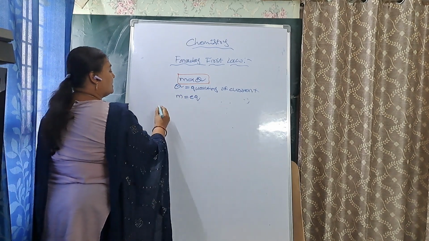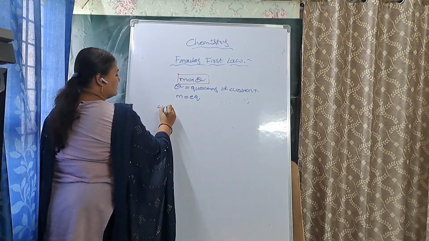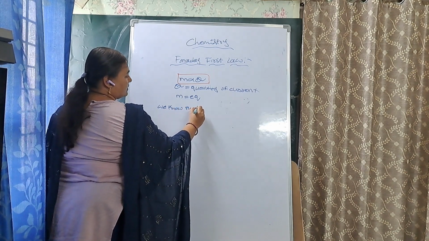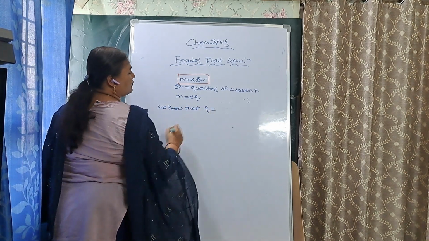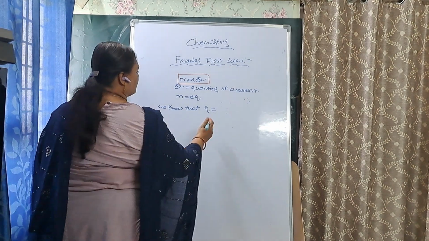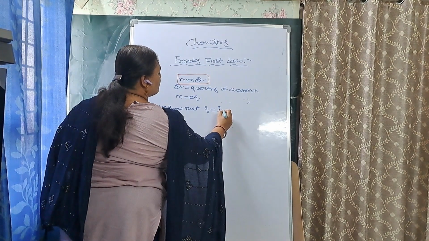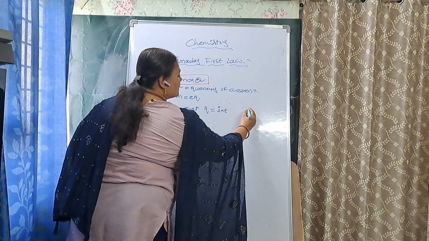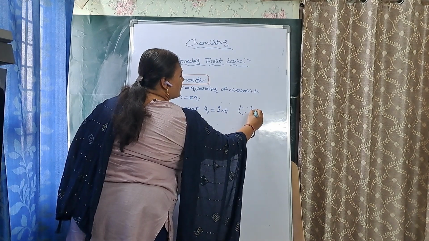But we know the formula of Q. Q equals I into T. Actually the formula is I equals Q by time, where I means current.